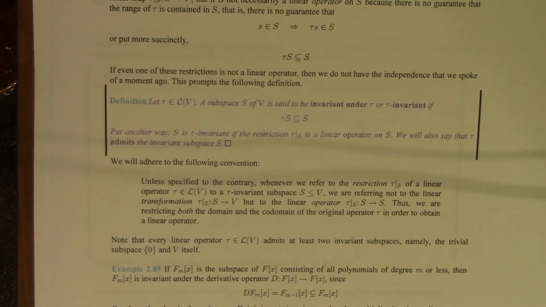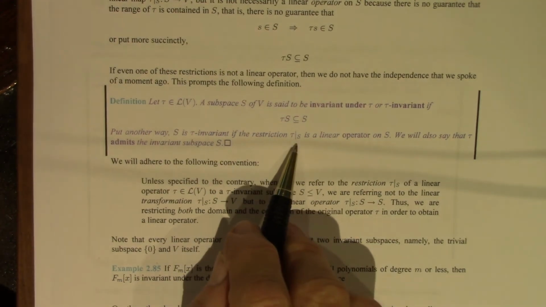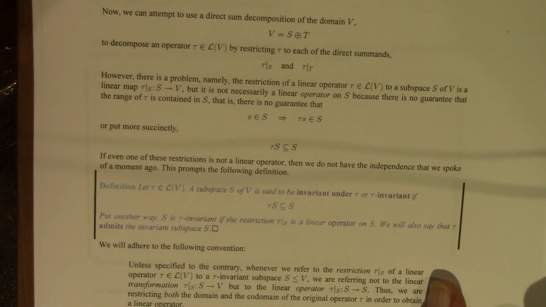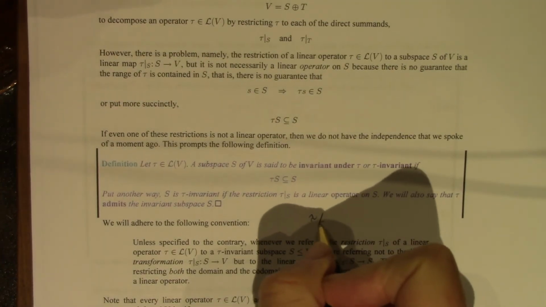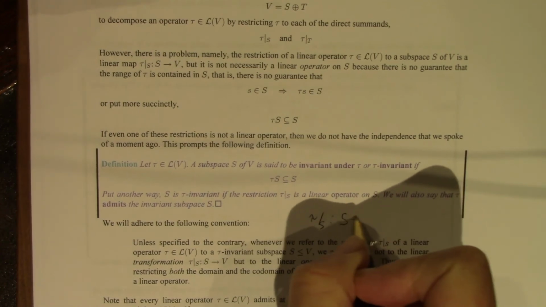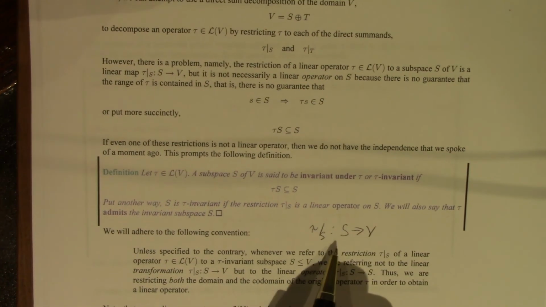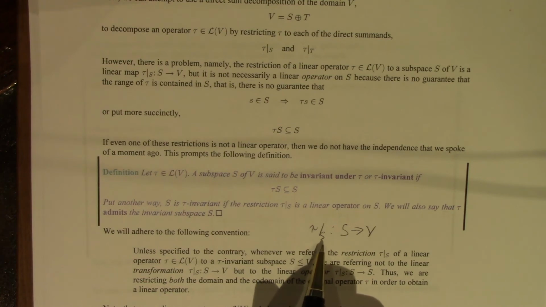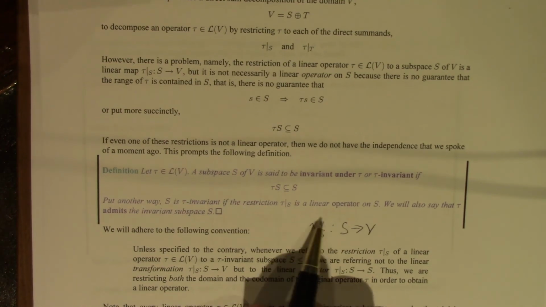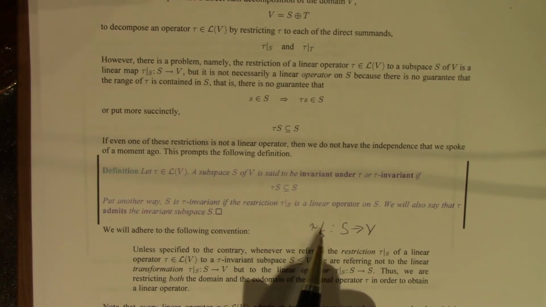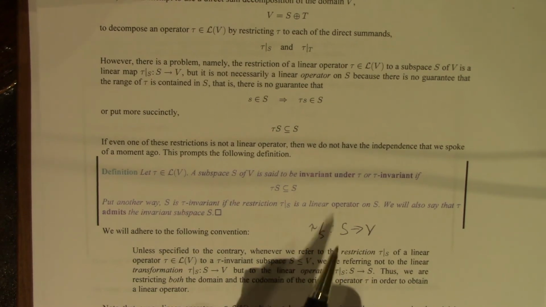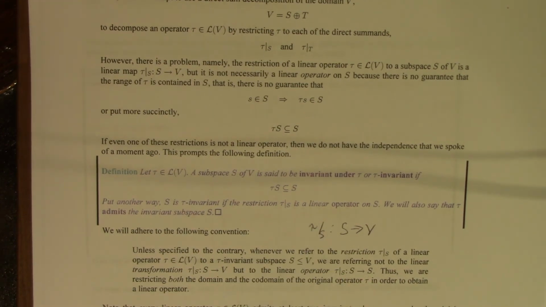Now comes a somewhat subtle point. When we restrict tau to S, we get a map that looks like tau restricted to S maps S to V. Even if S is invariant, so the image of this map is contained in S, technically the restriction of a function just restricts the domain.